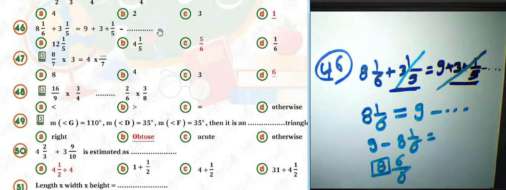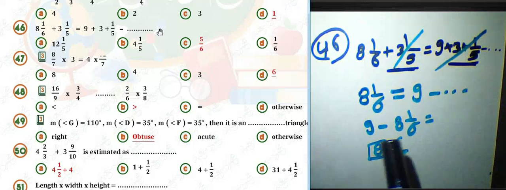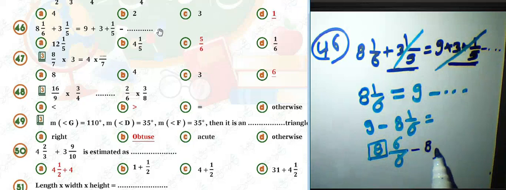So we must write here 6 in the numerator, subtract by 8 and 1 over 6. 8 minus 8 equals 0. 6 minus 1 equals 5. So the result will be 5 over 6. Letter C. Okay, choose letter C.